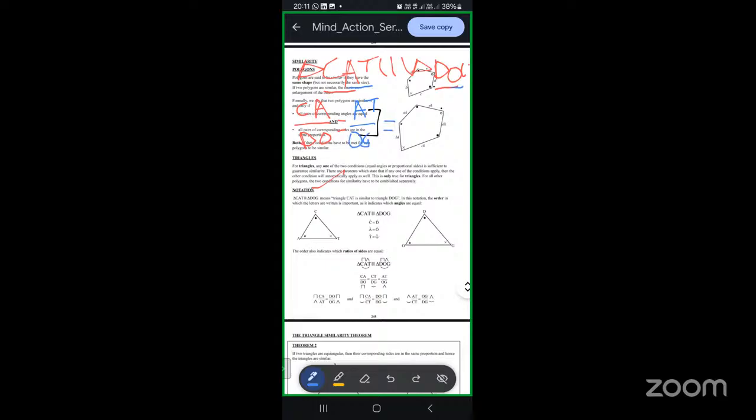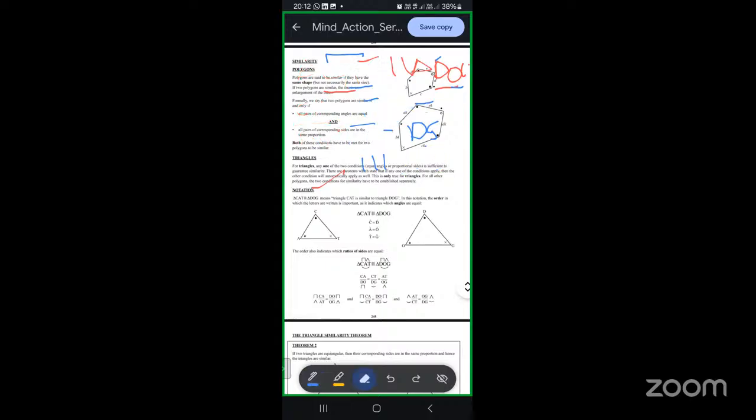You take the outer letters, CT, all over the outer letters, DG. Then your reasoning is similar triangles. Does this part make sense to you guys? Yes, sir. Okay, thank you guys.